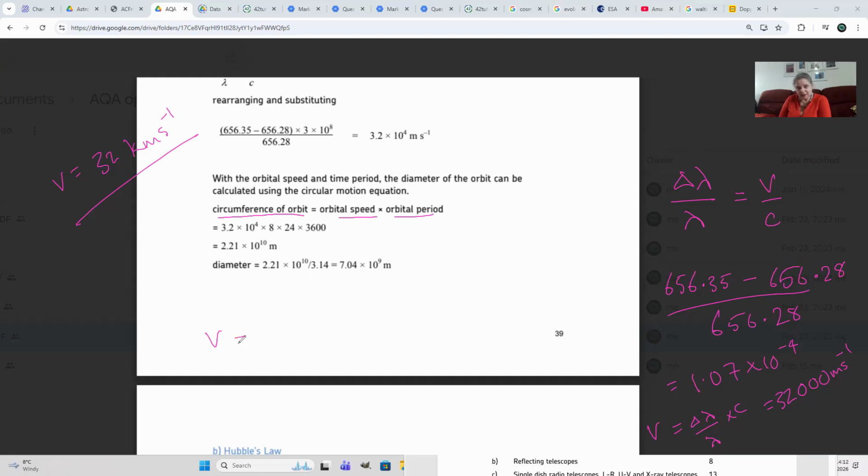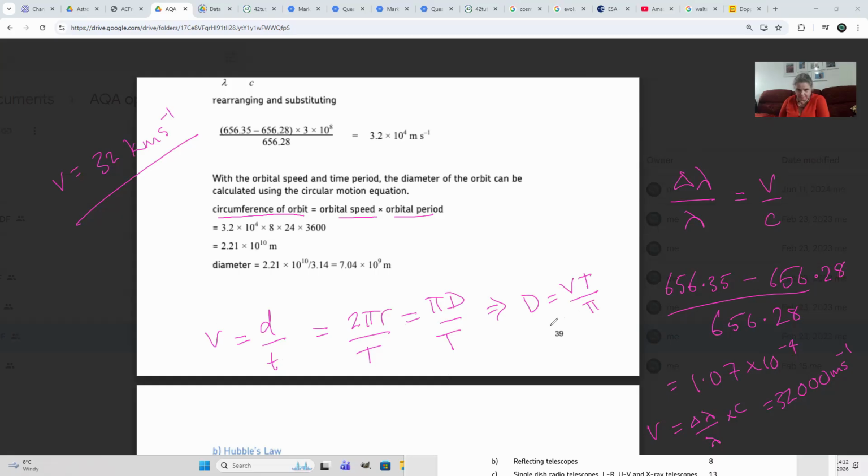Our distance is the circumference of the circle, so 2 pi r or pi d, and the time is the period. So if we want d, can you see it's going to be v times t over pi. That will give us our diameter.